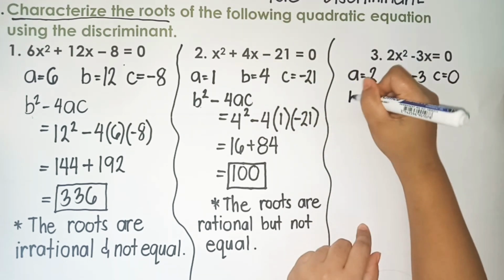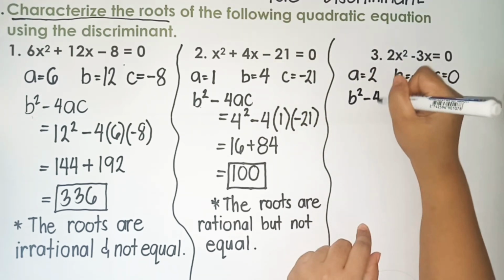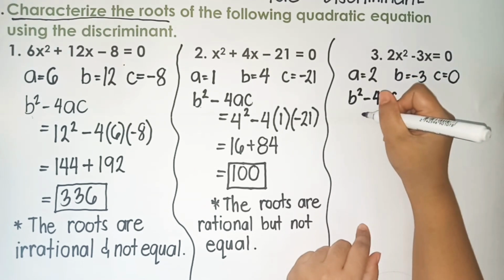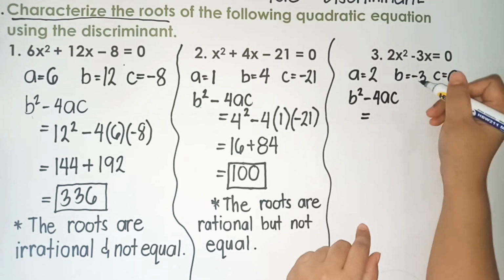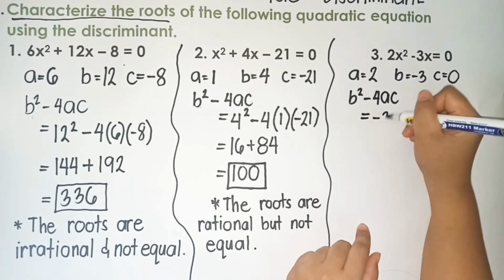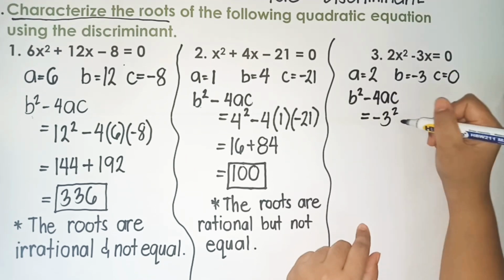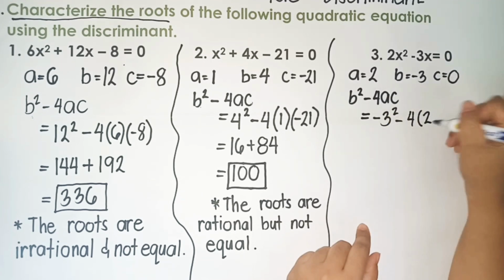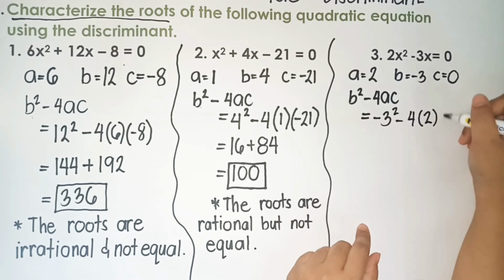So, using this expression, b squared minus 4ac, substitute all the values of those coefficients. We have b squared, which is negative 3 squared, minus 4 times a, which is positive 2, and c, which is 0.